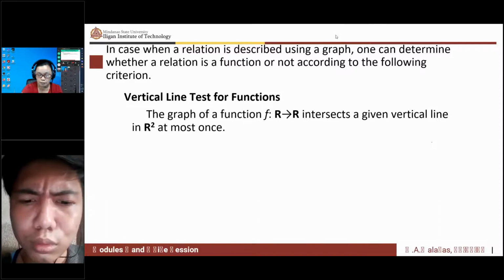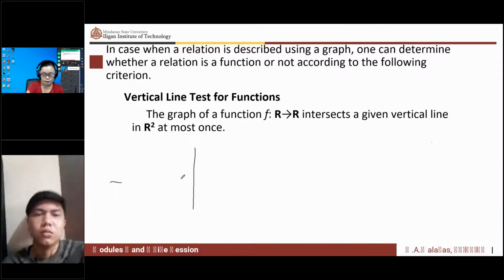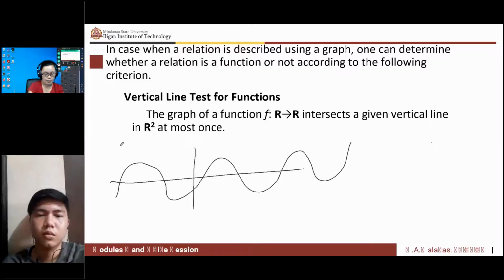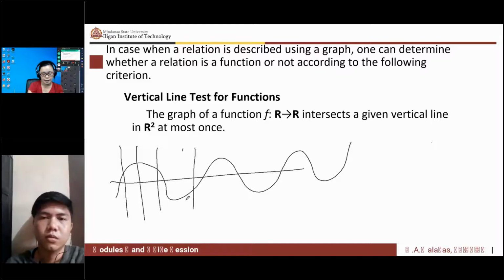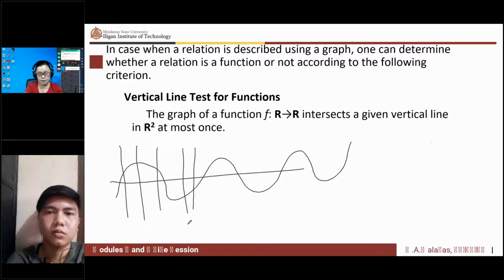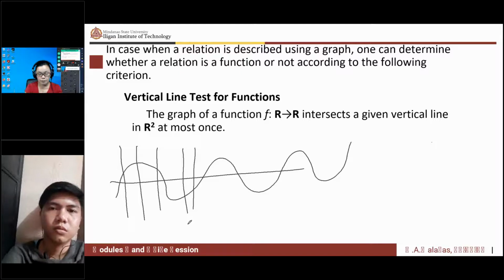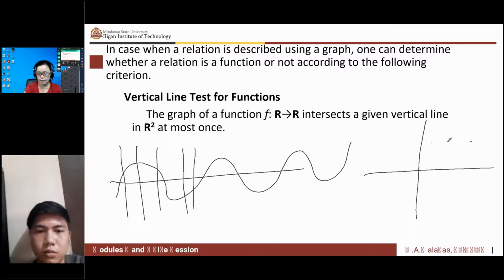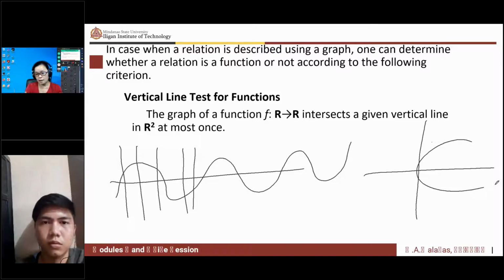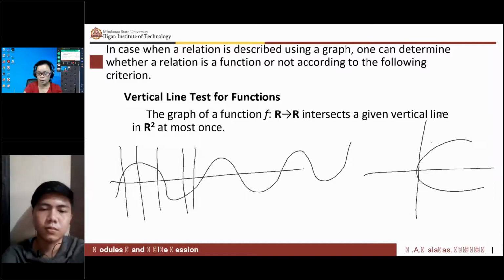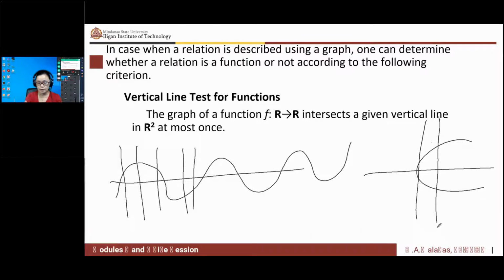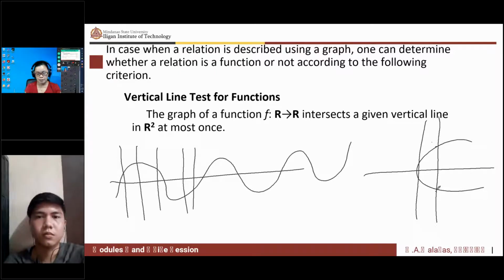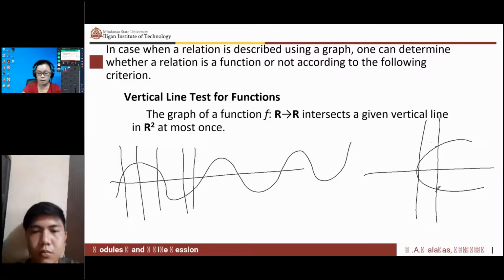If it intersects the graph at most once, then that is a function. For example, this one here is not a function, because if you test using a vertical line, it intersects the graph at 2 points. So it does not satisfy the definition.